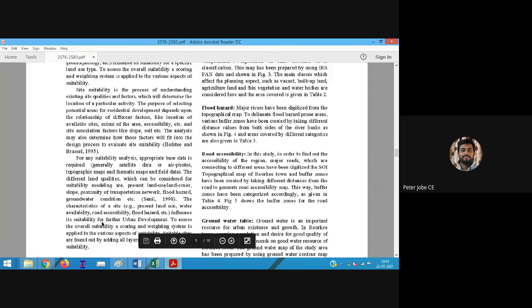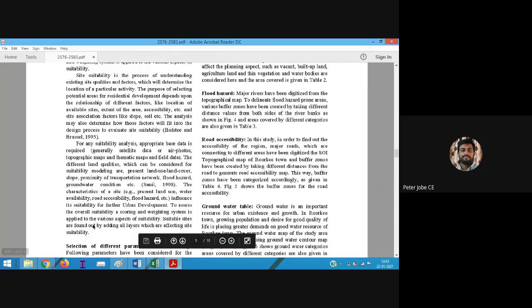The characteristics of a site, that means the present land use, water availability, road accessibility, flood hazard, etc., influence suitability for further urban development. To assess the overall suitability, a scoring and weighting system is applied to the various aspects of suitability that we have discussed a few moments ago. The suitable sites are found out by adding all layers which are affecting the site suitability.